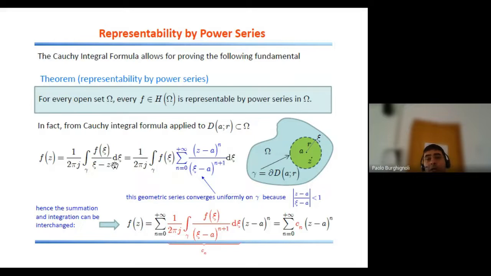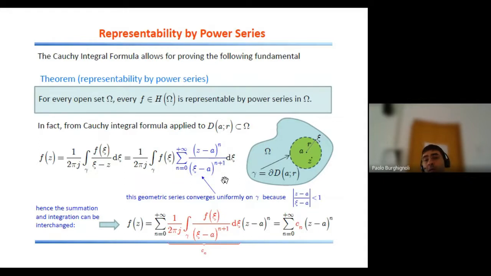So you can easily see that the factor 1 divided by xi minus z is equal to the sum of this geometric series, whose general term is (z minus a) to the n divided by (xi minus a) to the n plus 1.